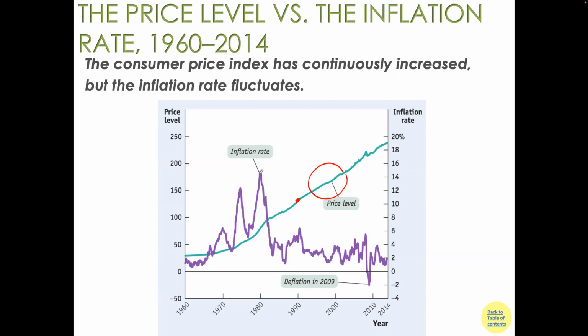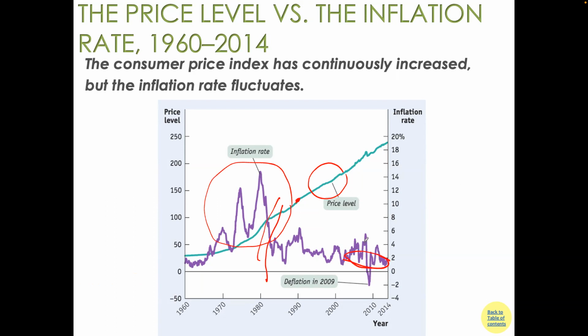This is the inflation rate for the US after 1960. So before 1980, there was a time period when inflation was very high. And since then, particularly after 2000, the inflation was fairly low.